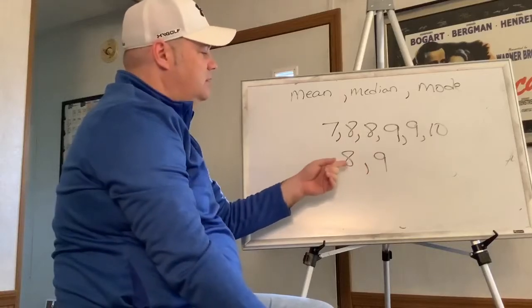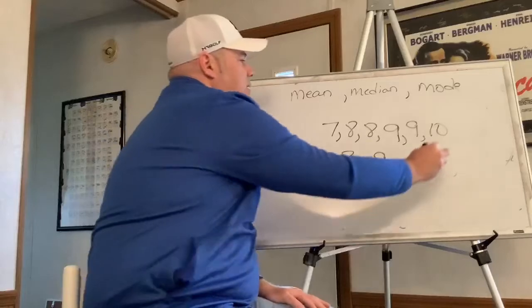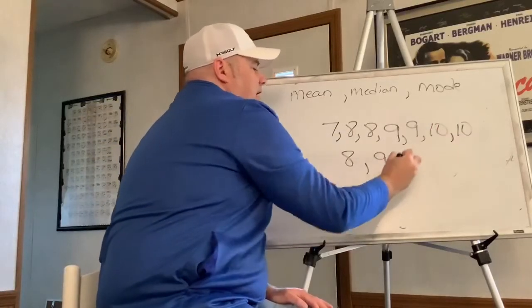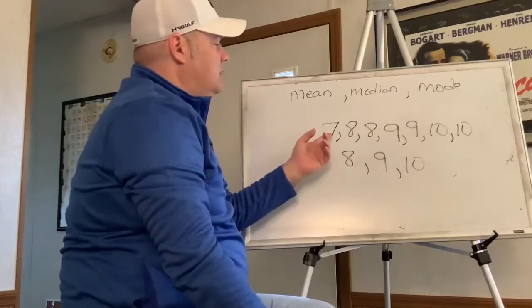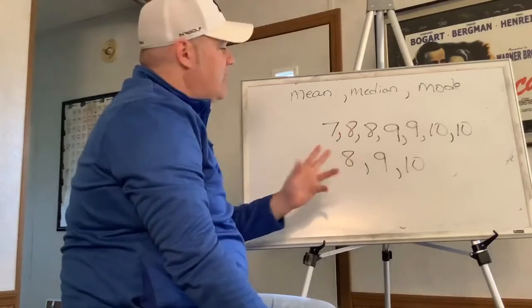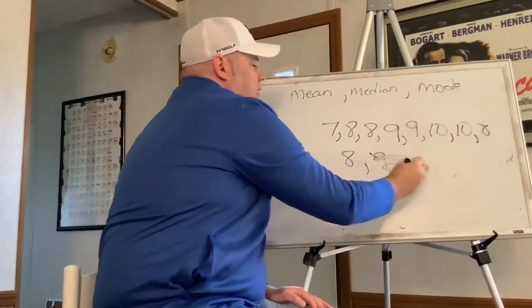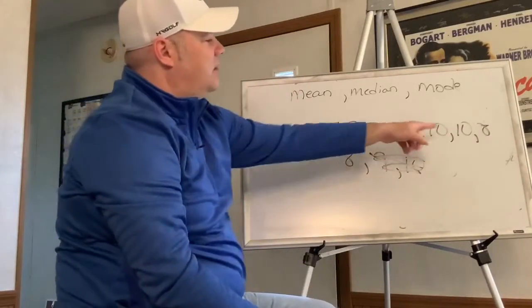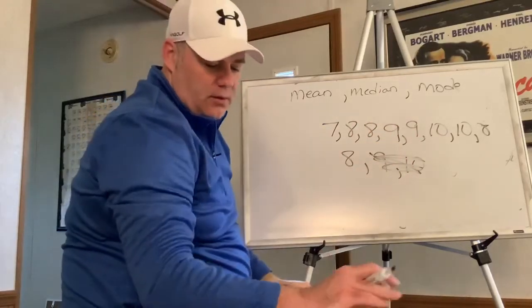So I have two modes, one being 8, one being 9. You can have three modes. If there had been another 10, then I'd have a third mode, because they all repeat more than the 7, yet they all repeat twice. Now, as soon as one of them becomes a third one, then I only have one mode, and that's 8 in this case. As soon as there's a third one that's more than the others, then that's the mode.